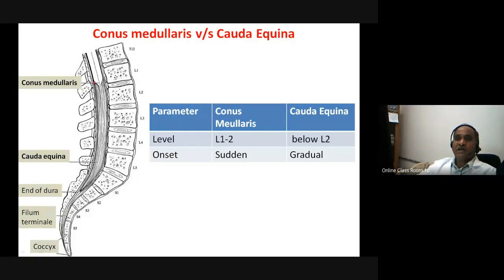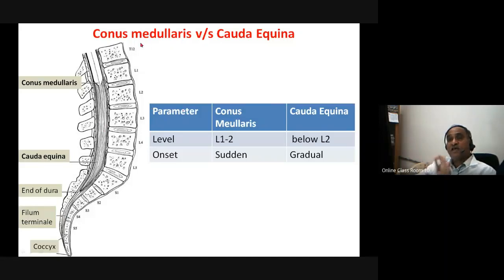Cauda equina is the fibers or the roots coming from the lower segments. So that is all the roots coming below the lumbar segment. In the case of the conus medullaris, it is because of an injury; the cauda equina may be because of the growth of a tumor trying to press on these, and that would be affecting the pressure.